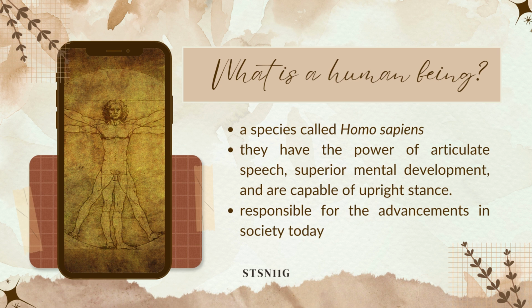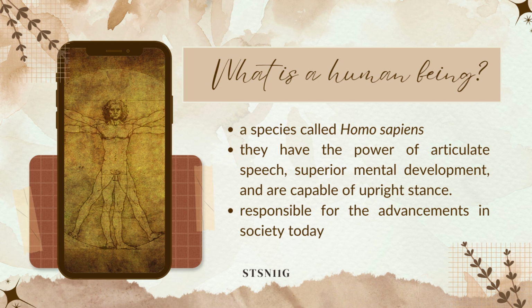If we want to be technical when it comes to the definition of human being, well, obviously, scientifically speaking, human beings is a species of Homo sapiens. And if you're going to further characterize this species, well, obviously, human beings have the ability to articulate speech, meaning we can communicate orally through languages. Okay.